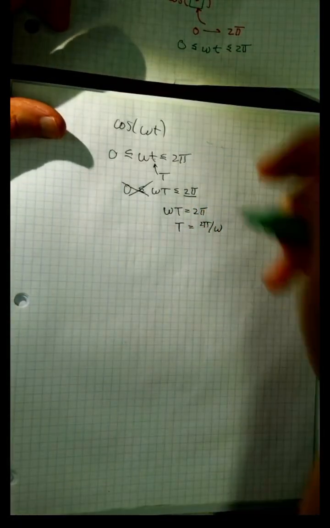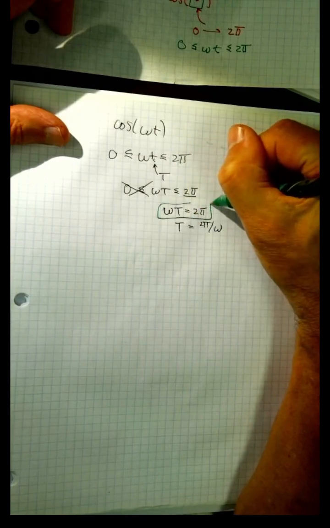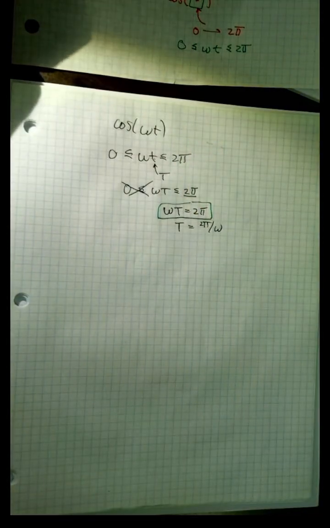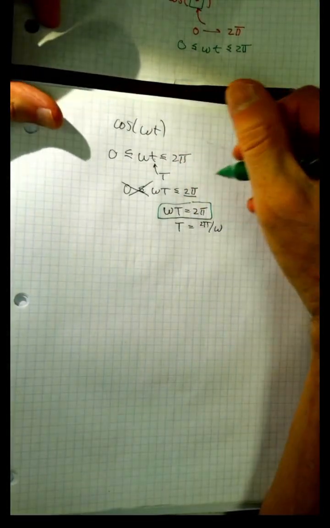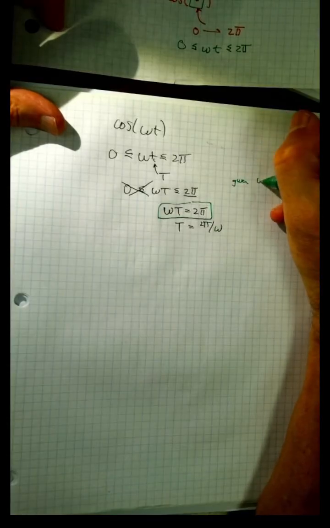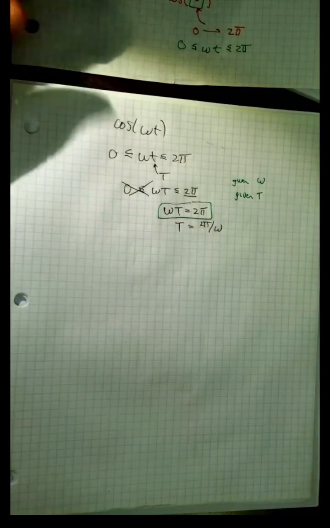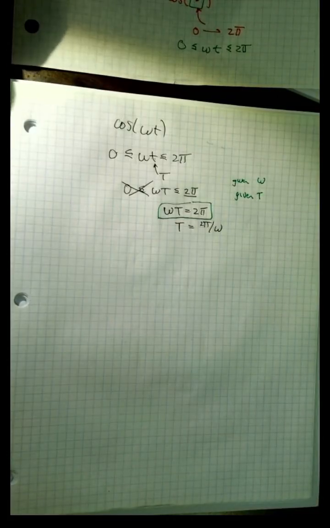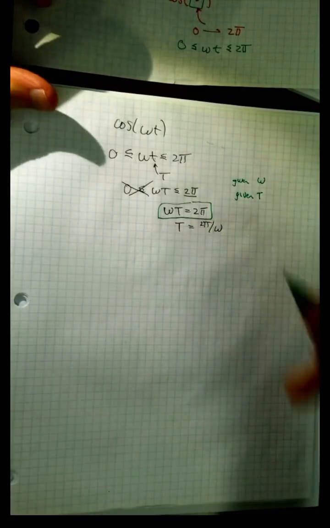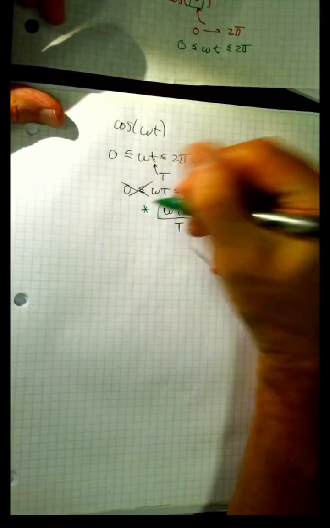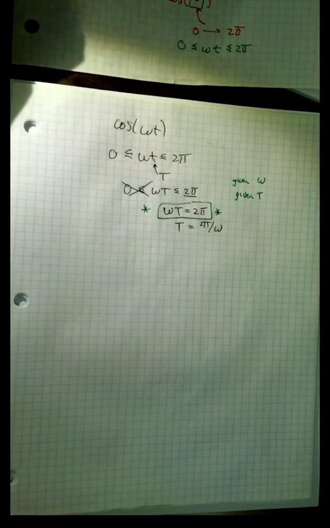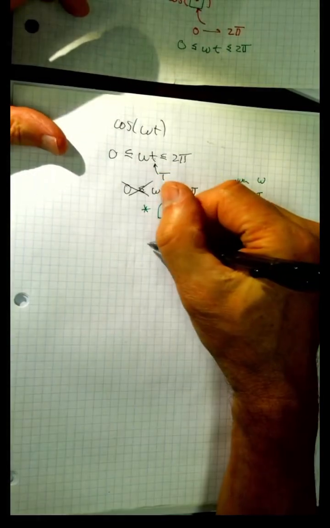Now, having said that, it's more important to understand what this means, because there are going to be some times where you're given omega and asked to find the period, and sometimes you're going to be asked to find omega given the period. So knowing how to work with this and what it means is going to help you figure out how to work with a given system.